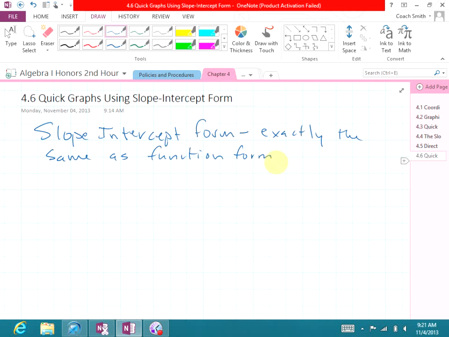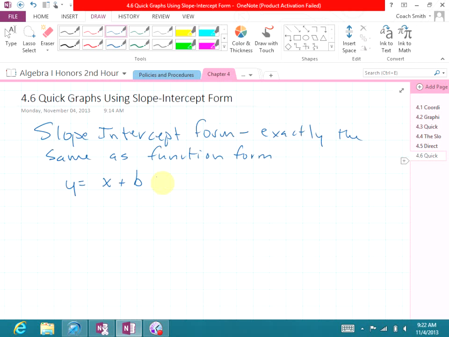Now, what we're going to do with it is different, because there's different information that you didn't realize there is. But basically, slope-intercept form is y equals mx plus b. Now, that sounds fancy, but I'm just saying this because there's no numbers yet.